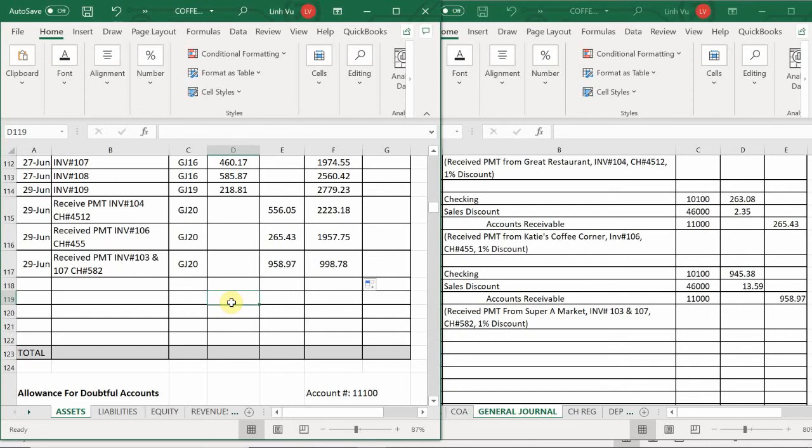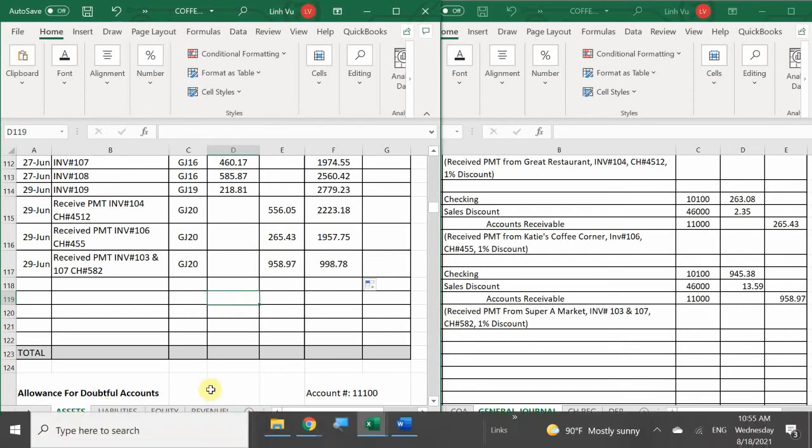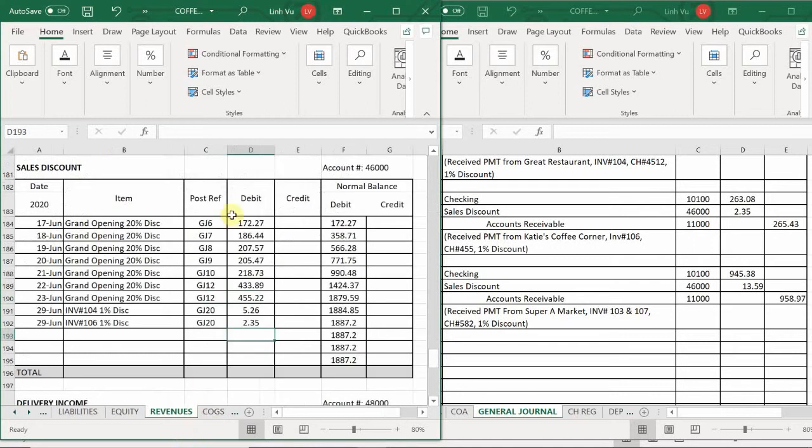All right. Last but not least, we have our sales discount, which we are already here. All right, 29. I'm going to go ahead and write invoice number 103 and 107, okay, for that 1% discount.